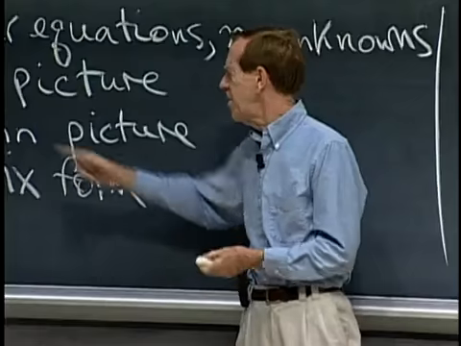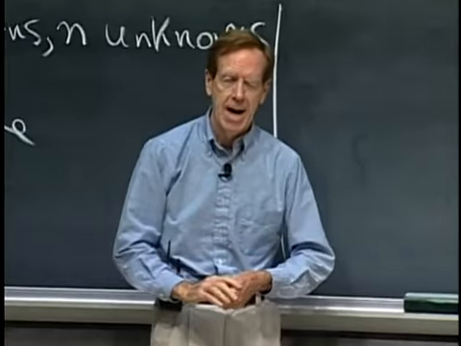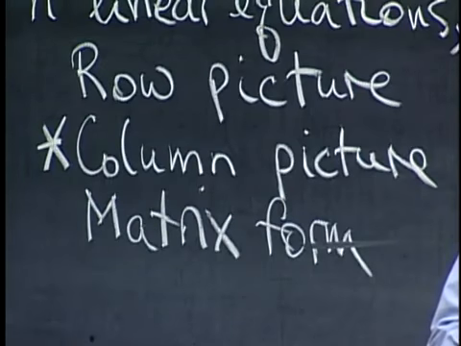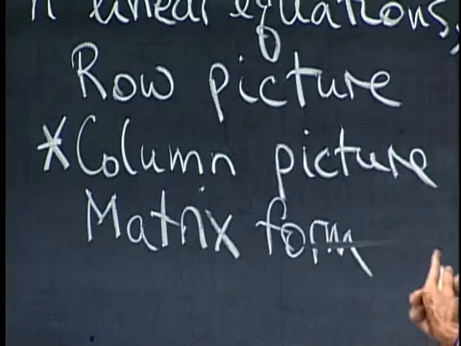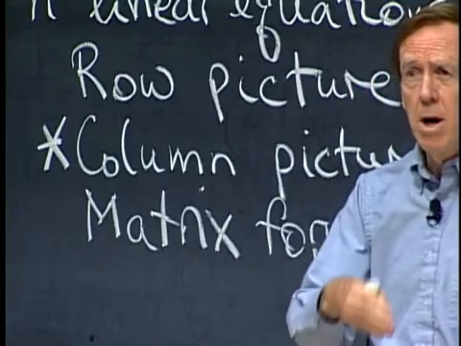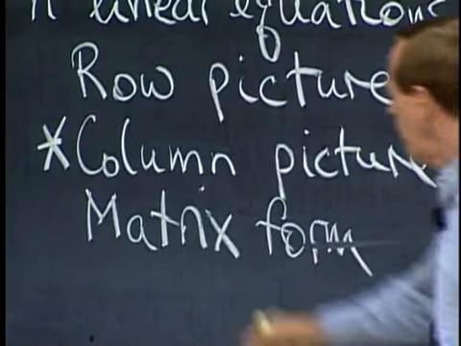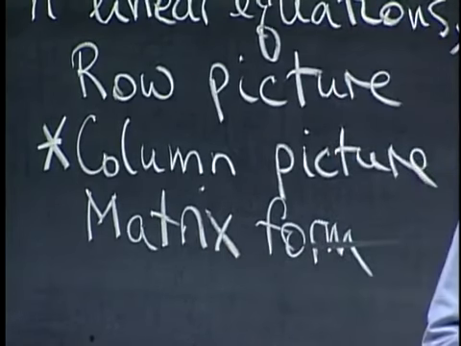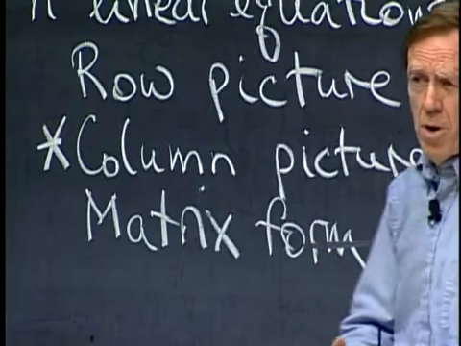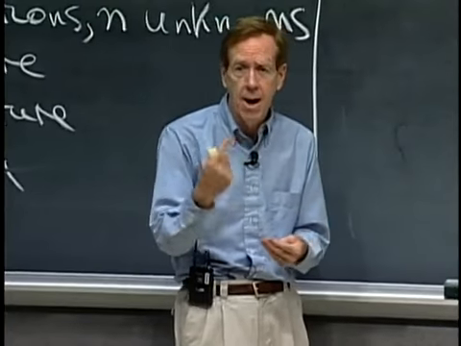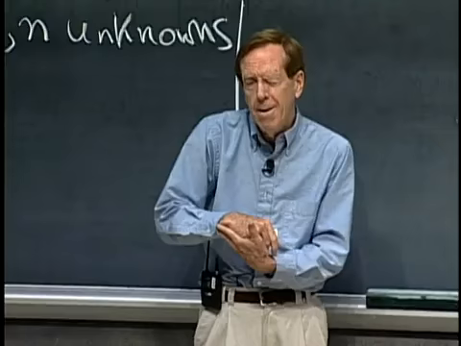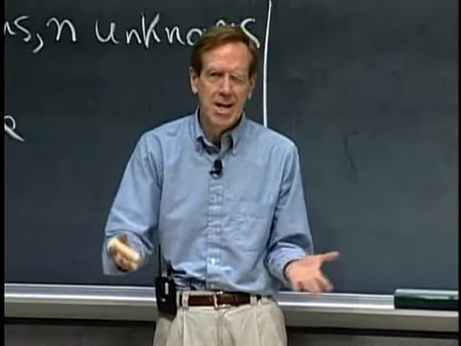The second picture, I put a star beside that because that's such an important one, and maybe new to you, is the picture a column at a time. And those are the rows and columns of a matrix. So the algebra way to look at the problem is the matrix form, using a matrix that I'll call A.